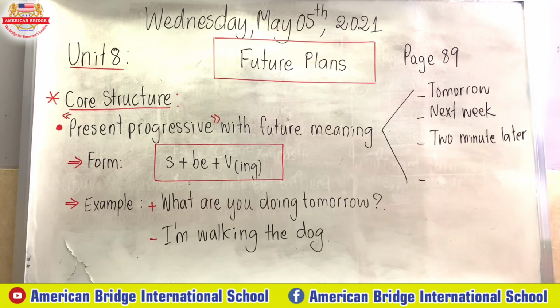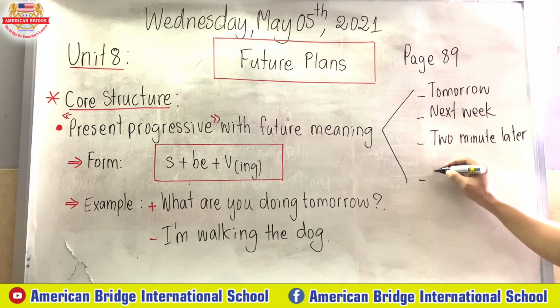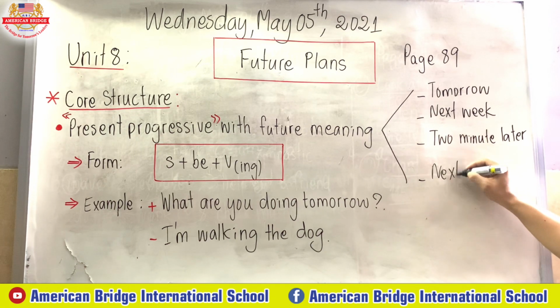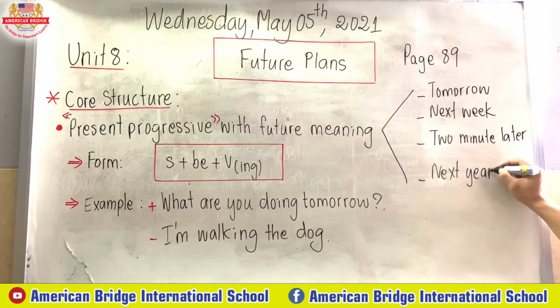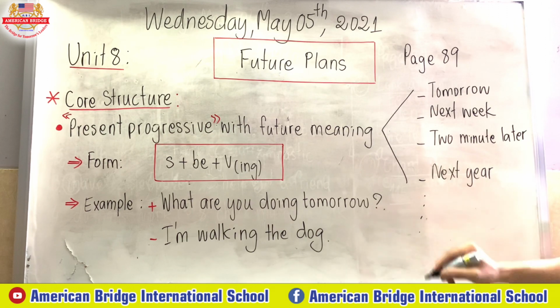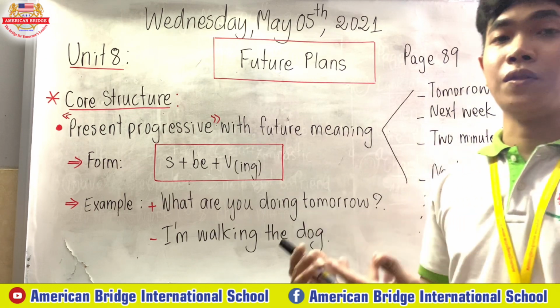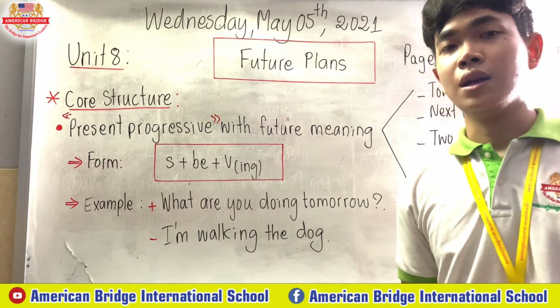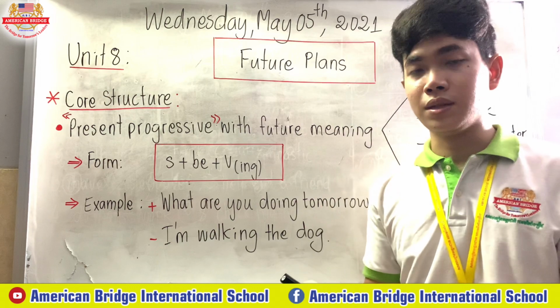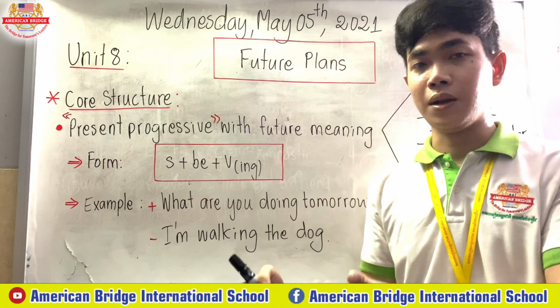And what else? We have next year. So there are many words that are used for the future meaning, like tomorrow, next week, 2 minutes later, next year. All of these are what we call future phrases that we can use to talk about something that is going to happen on another following day.